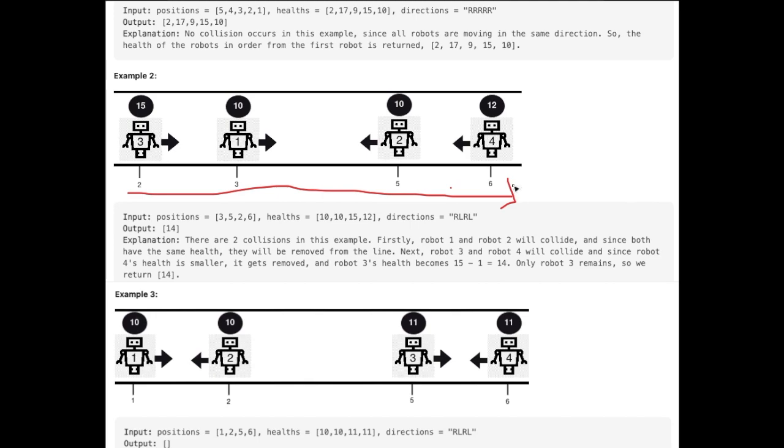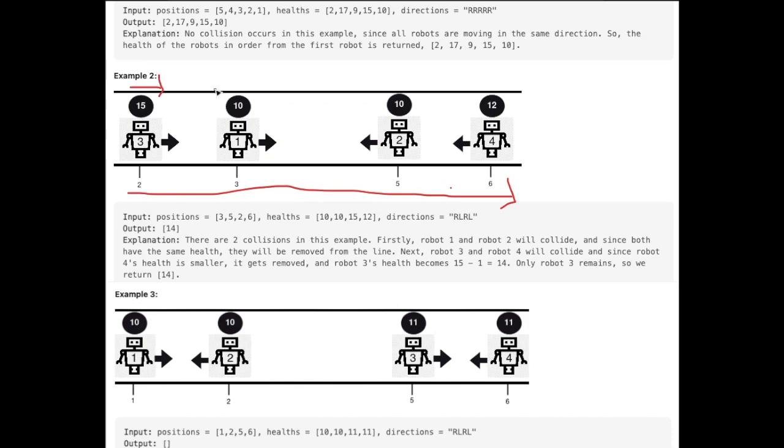And that's actually not enough. There's another trick that we have to use, which is a data structure called a stack. Basically, when we are traversing from leftmost to rightmost, if a robot is going right, then it's fine, right? Because we are going from left to right.